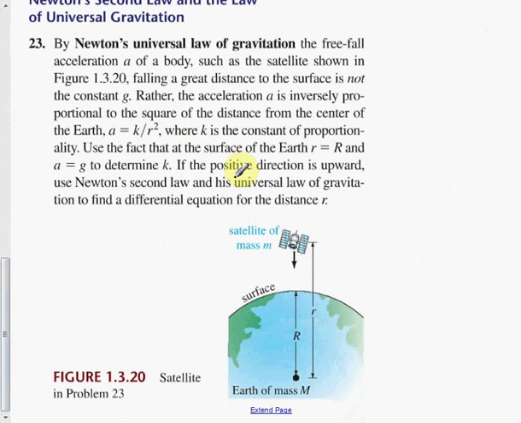Use the fact that at the surface of the Earth, r is equal to capital R, the radius of the Earth, and that A becomes g to determine k. If the positive direction is upward, use Newton's second law and his universal law of gravitation to find a differential equation for the distance r. Sounds like a lot of stuff, right?